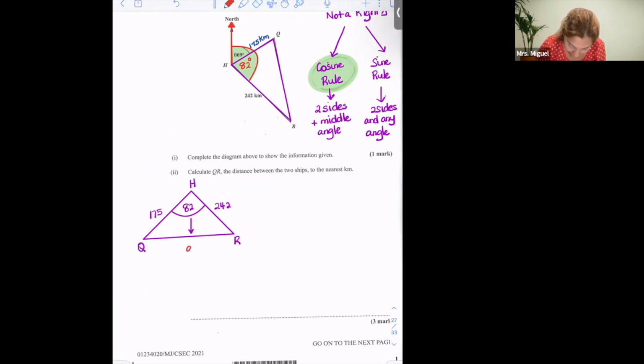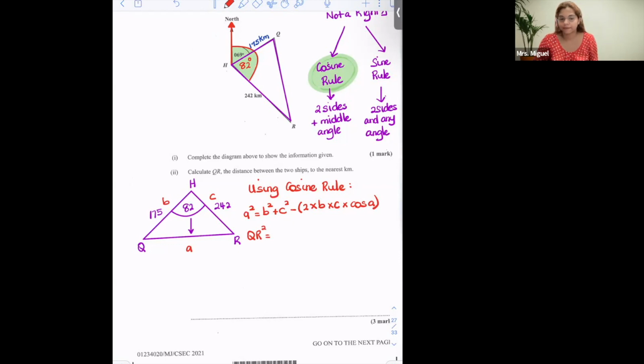So label here A, B, and C. Using the cosine rule, A squared is equal to the first side squared, that is what it means, plus the second side squared, minus 2 by B by C multiplied by cosine A. So QR squared is equal to... Go ahead.